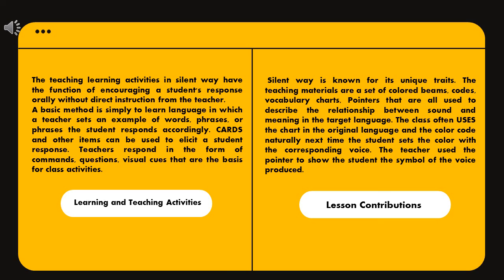The class often uses the cards in the original language and the color code naturally. Next, the student sets the color with the corresponding voice. The teacher uses the pointer to show the student the symbol of the voice produced.